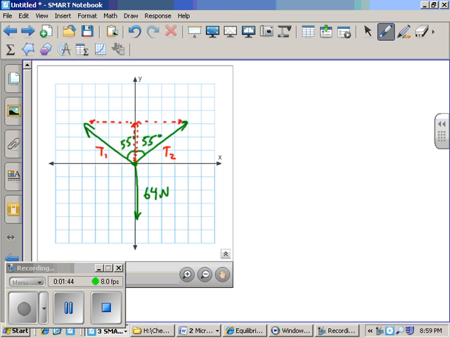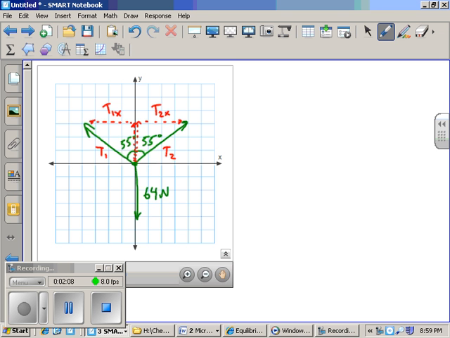And since those angles are the same, T2x and T1x will have to be equal and opposite, since they are the only two forces acting in the x direction, so that this thing is in equilibrium.